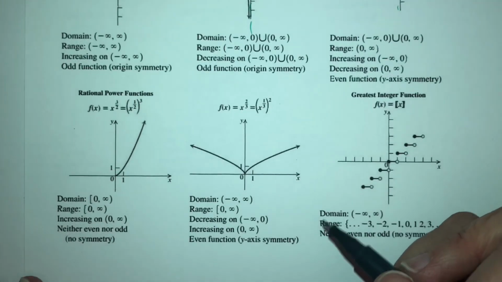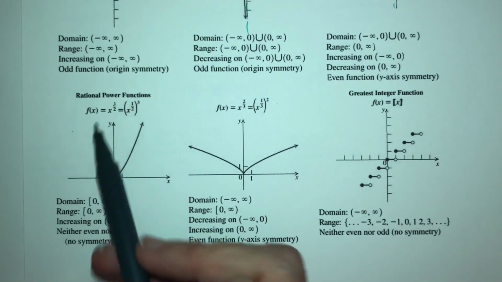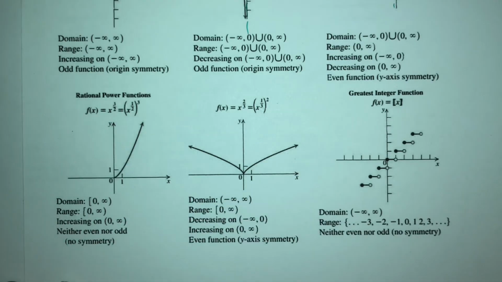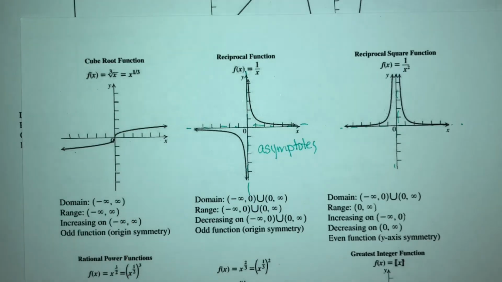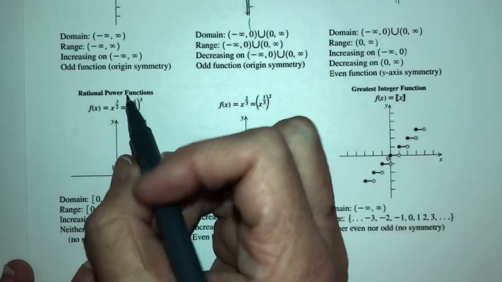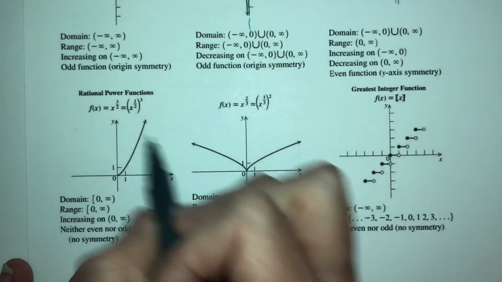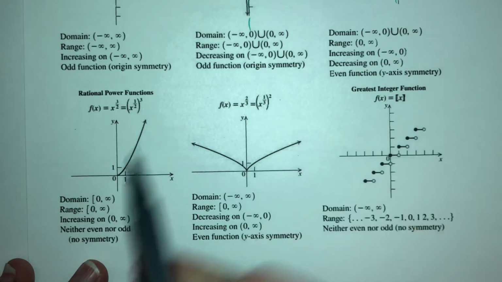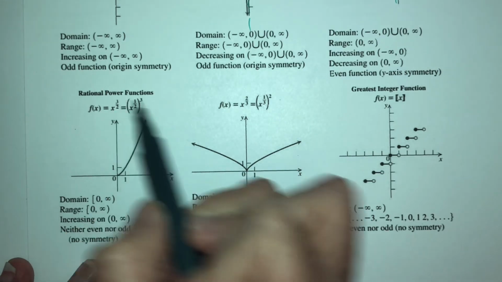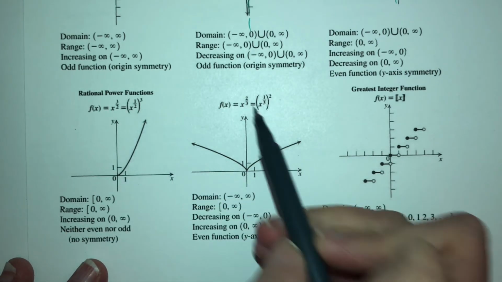Okay? We have our rational power functions. So we have a fractional exponent there, but not 1/3, which would be the cube root, and it's not 1/2, which would be the square root function. Here we have 3/2, and here we have 2/3. The difference between these two graphs is whether or not your denominator is even or if it's odd.